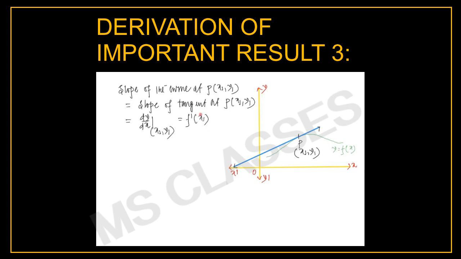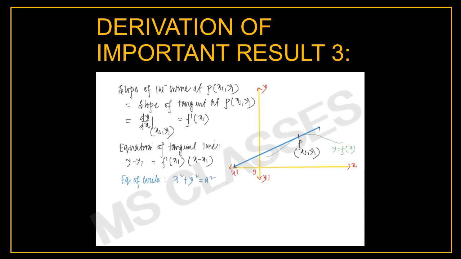Now, the equation of the tangent line, we can write as y minus y1 equal to f dash x1 into x minus x1. Now we take the equation of the circle, which is x square plus y square equal to a square.